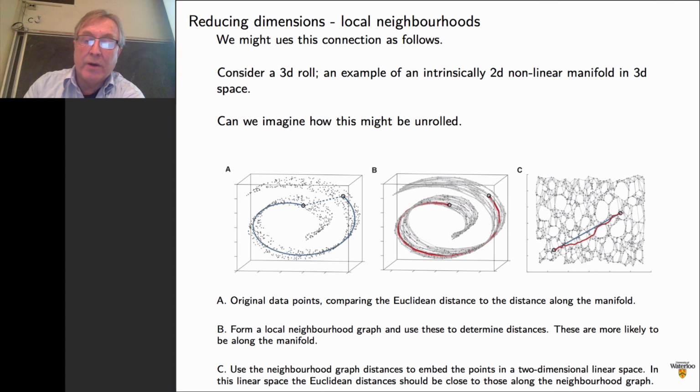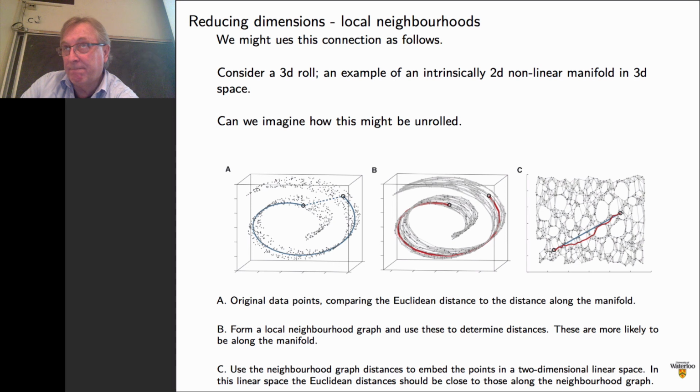So now every point that's here appears in a plane. And what you see here is in fact the graph. So those are the edges that we had on the manifold. Now, the distance in the plane here, the Euclidean distance that we're using, is this blue line, and it's kind of close to the distance of the red line following the graph. I mean, that's a little bit of fakery there, but you get the idea.